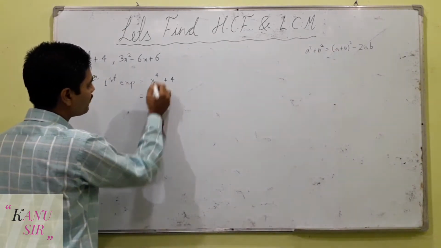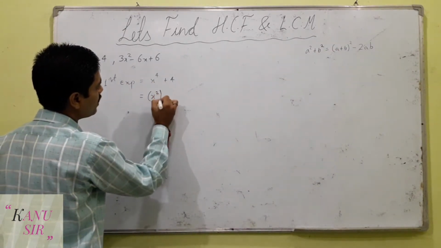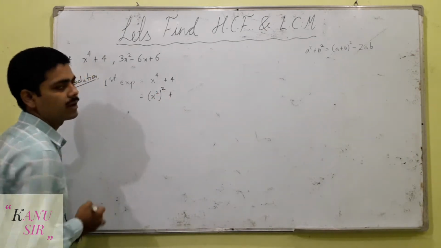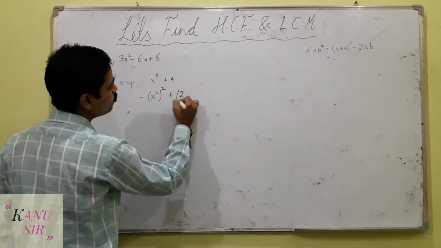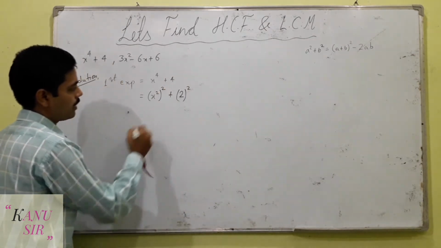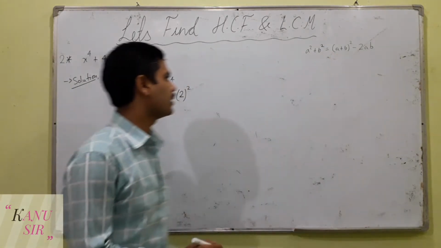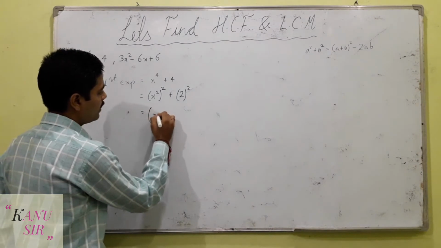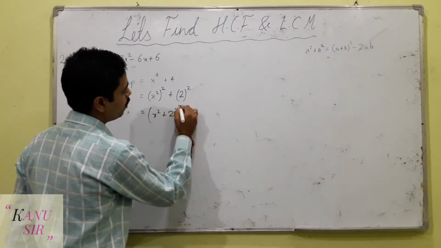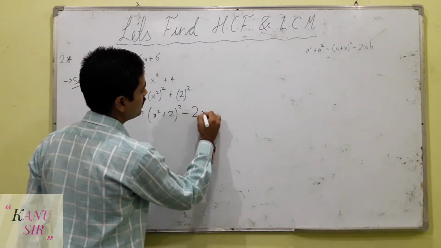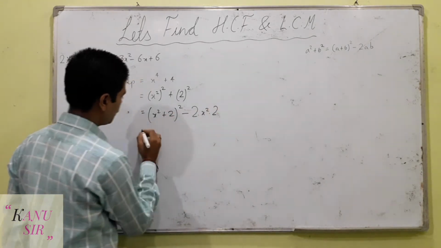So here you can see x power 4 can be written as x square whole square as a square, and 4 can be written as 2 square as b square. Now if you place this in the formula, then you can write a plus b whole square minus 2ab.